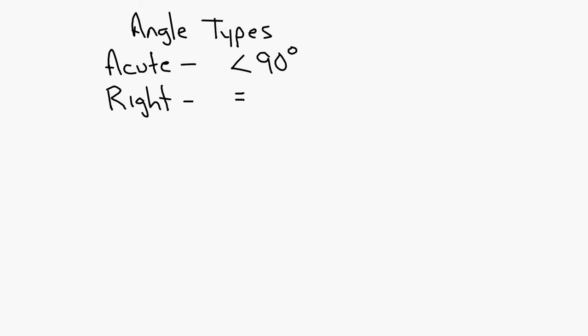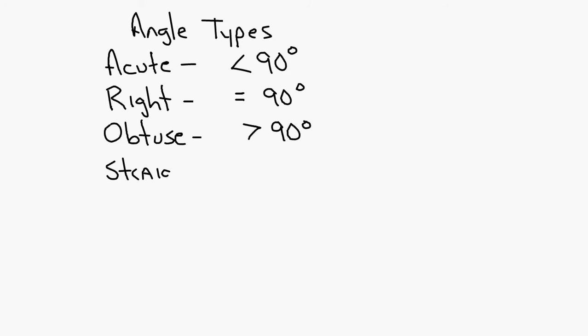And that measures equal to 90 degrees. An obtuse angle, greater than 90, and a straight angle, that's equal to 180. It's a straight line.